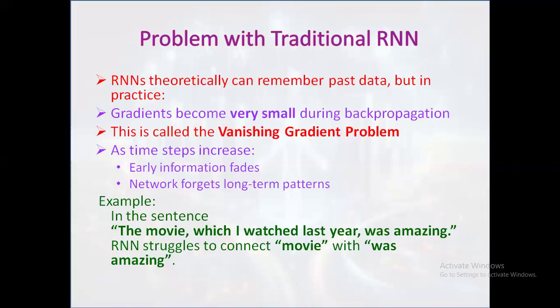Due to vanishing gradient, the memory of movie weakens as the sequence progresses. By the time the network reaches "was amazing," it may no longer strongly associate this phrase with movie. Therefore, the RNN struggles to capture long distance relationships in language, which are common in real world text.